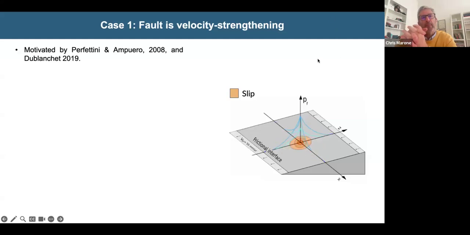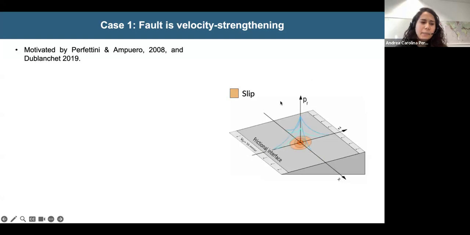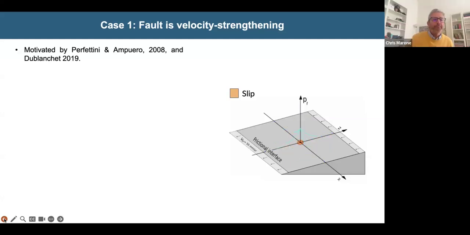Yes, but the diffusivity is only affecting the rate of propagation of the flow, but it's not affecting the slip. It just affects how the fluids diffuse, and the effective stress, but there's not a feedback with the slip. Gotcha. Okay. Thank you.